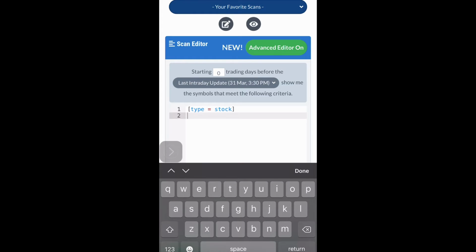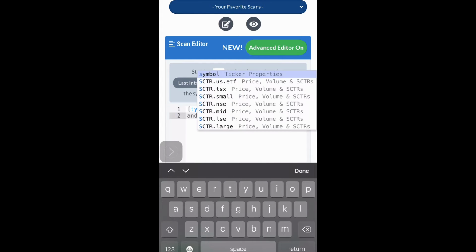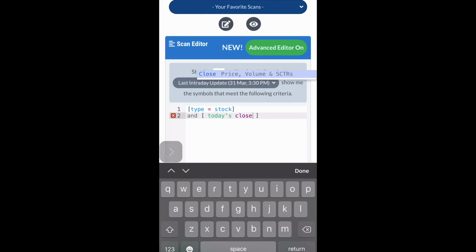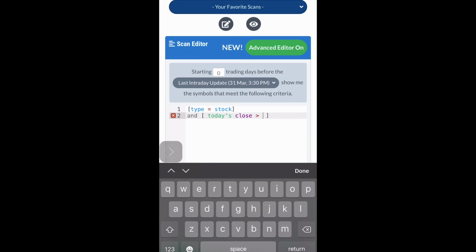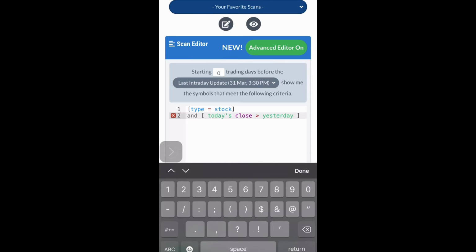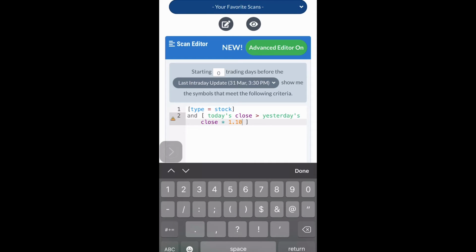So let's go ahead. For here, you're going to look for today's close, and we're looking at 10% greater. You can adjust that, obviously, but I'm looking at today's close to be greater than yesterday's close times 10%, which is 1.10.